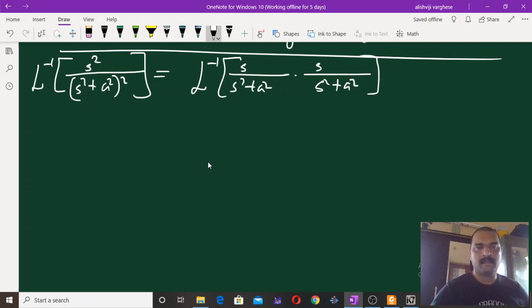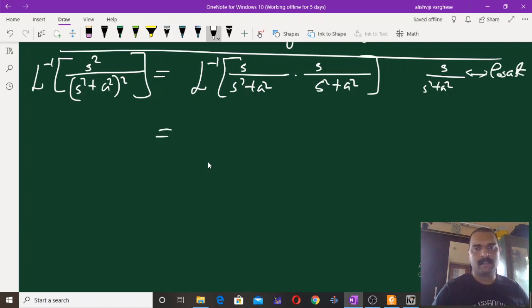And we know that s by s square plus a square is the Laplace transform of cos at.